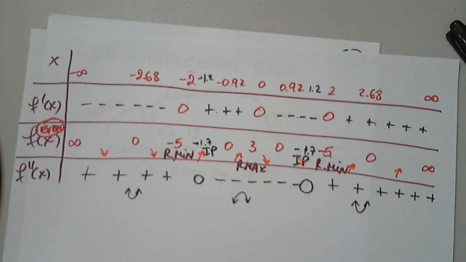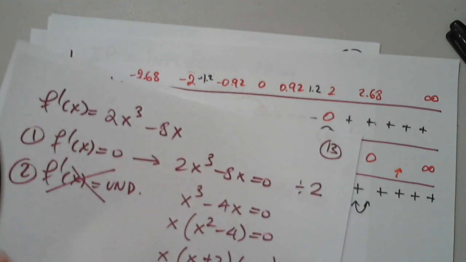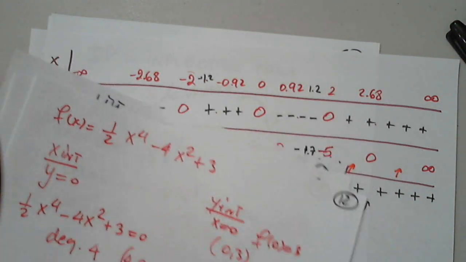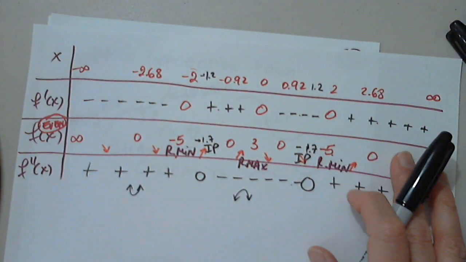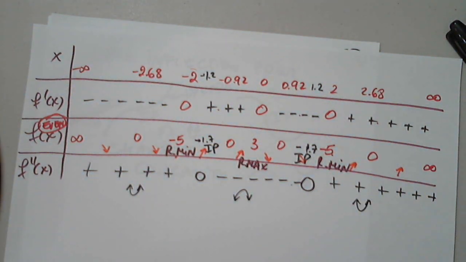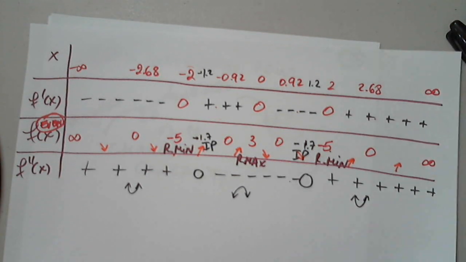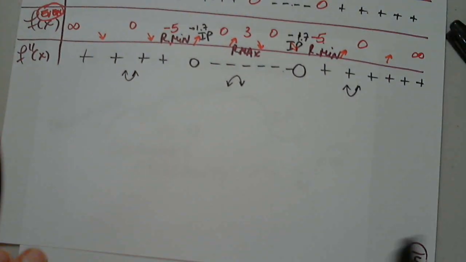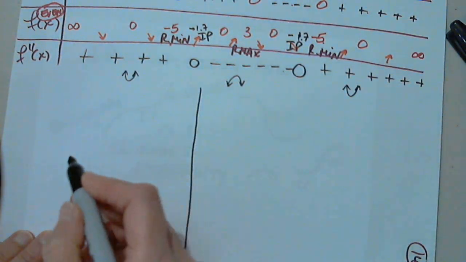Now, this list, what I did with the second derivative, what I did with the first derivative, what I did with the x and y intercepts, don't mean anything anymore. I have all the information in the table. That's all I need. I only need the table to graph. And now we're ready to graph. We're graphing the function.